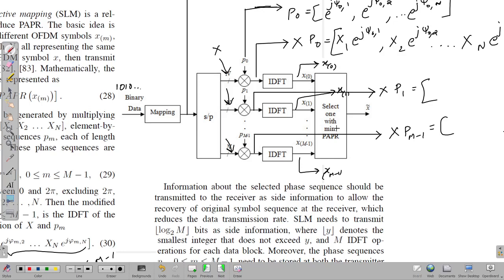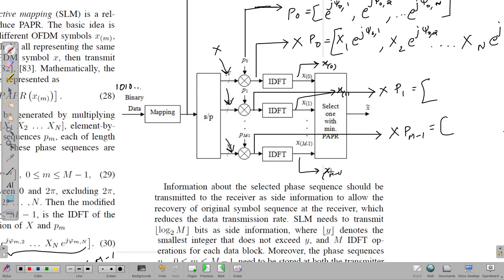Basically x0, x1 up to xm minus 1, all these represent the same information. The only difference is that each got multiplied with some phase sequence, and according to which phase sequence is getting multiplied with x, you will have different values for PAPR for each of these signals.